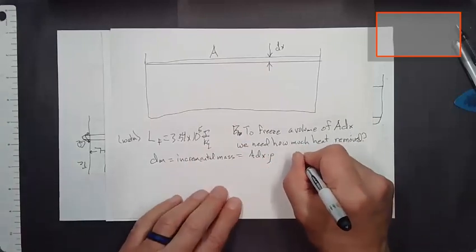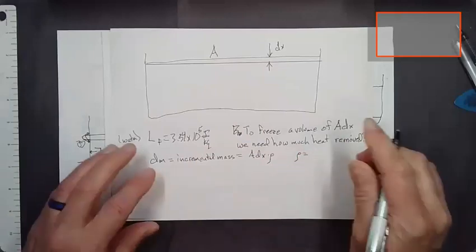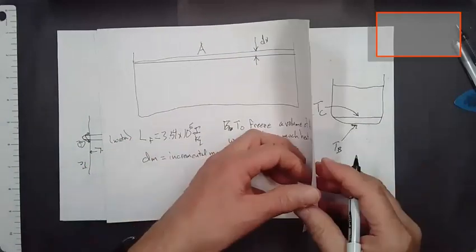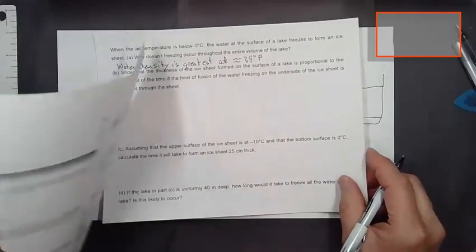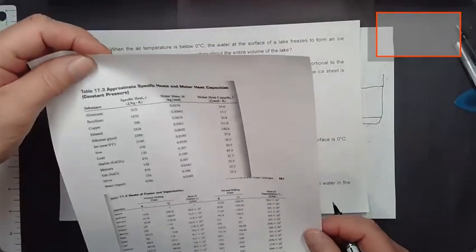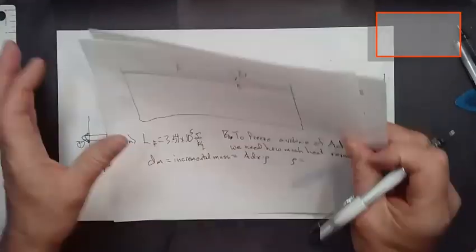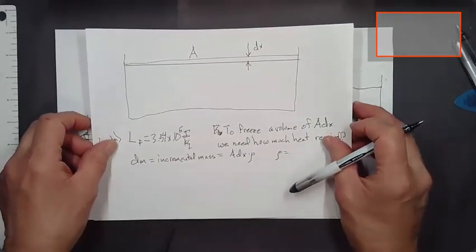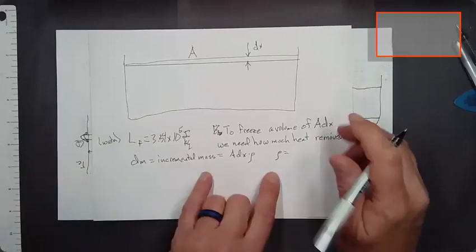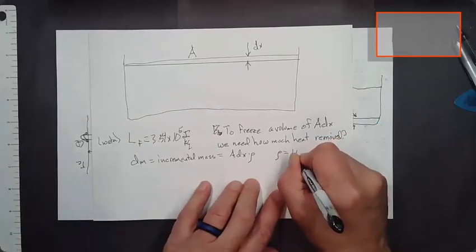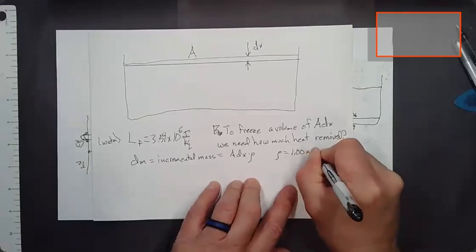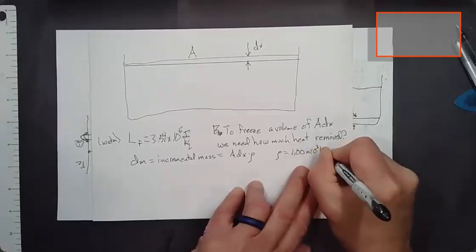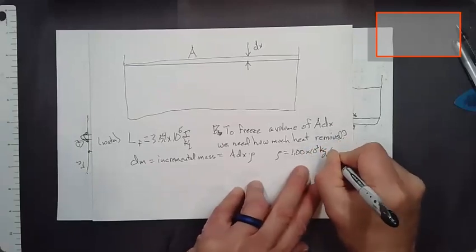Density of water is about 1.00 times 10 to the third. I don't think it's on here probably, but it's a gram per cubic centimeter, but it's more like 1.00 times 10 to the third kilograms per cubic meter.